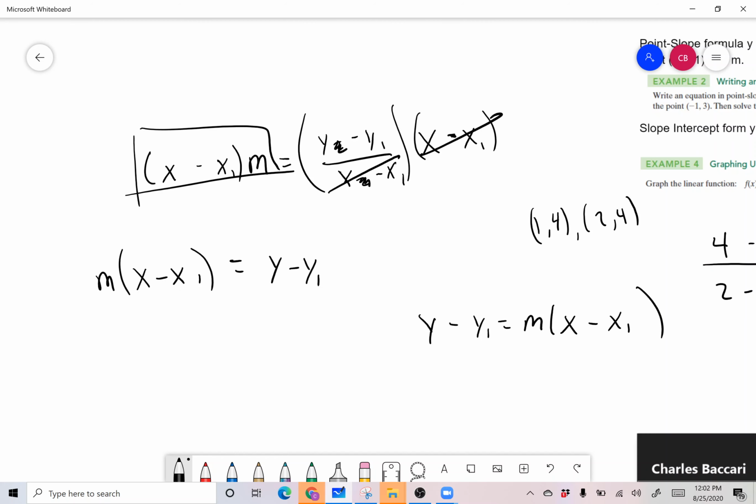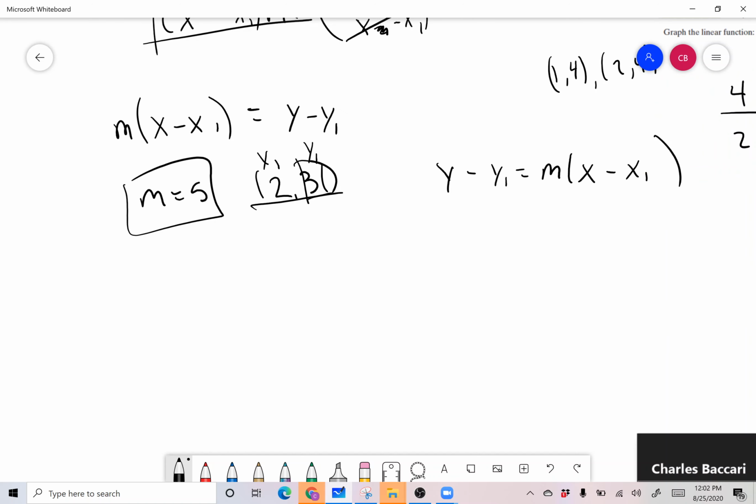This is called the point slope formula. The reason it's called point slope is, you guessed it, you need a point and a slope. So if I give you m is 5 and I give you the point (2, 3), you can give me the equation of the line passing through this point with this slope. So let's do it real quick. This is your x1, this is y1. So we have 5 times (x minus 2) equals y minus 3.